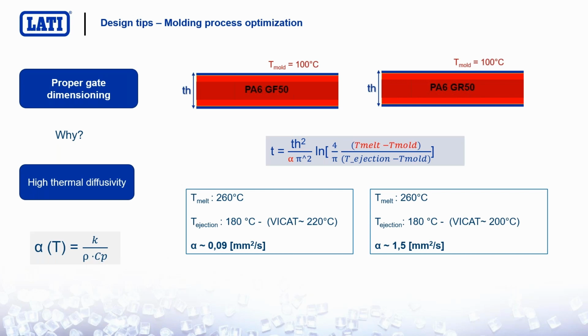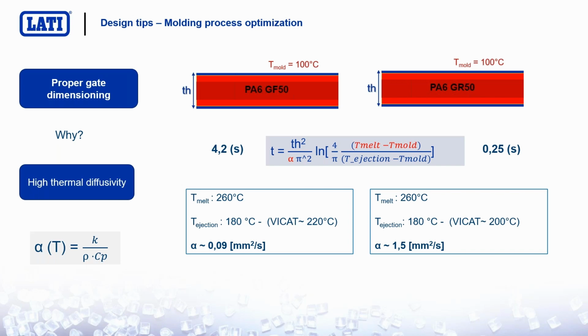And applying this formula, we'll see that an approximated cooling time in case of polyamide 6 with the glass fiber is about 4.2 seconds. In case of the material featuring graphite, we have here a value which is 0.25, about 16 times lower.